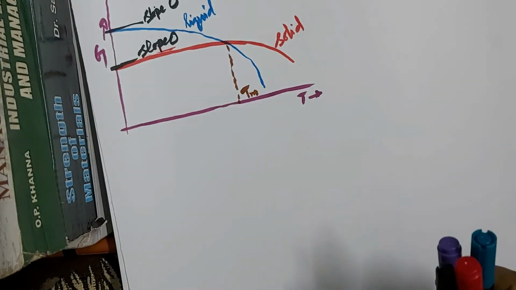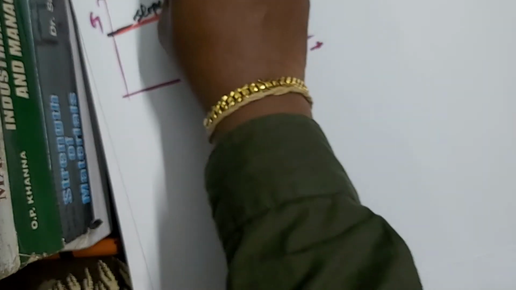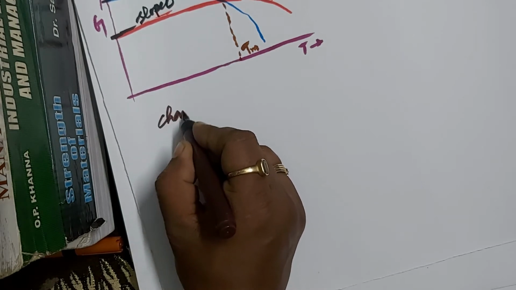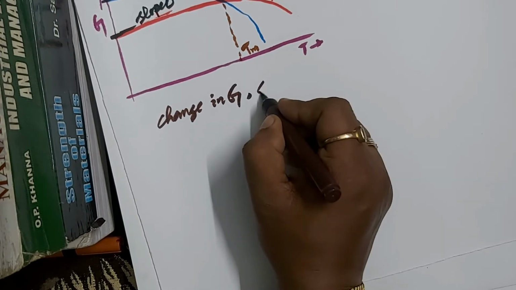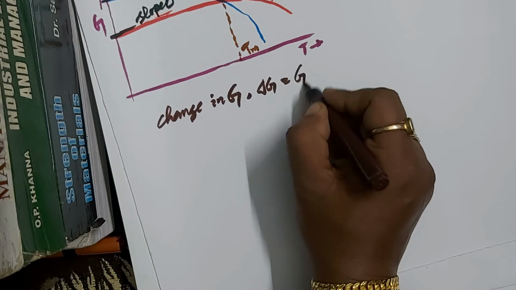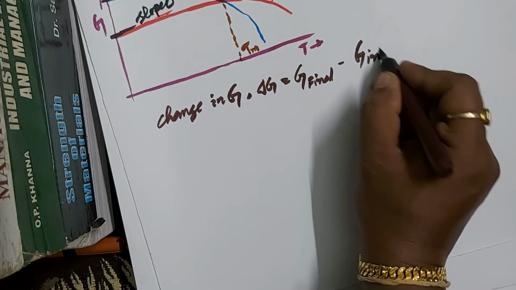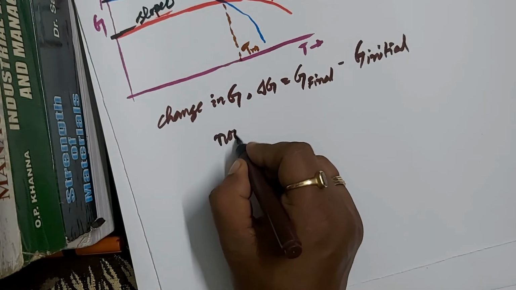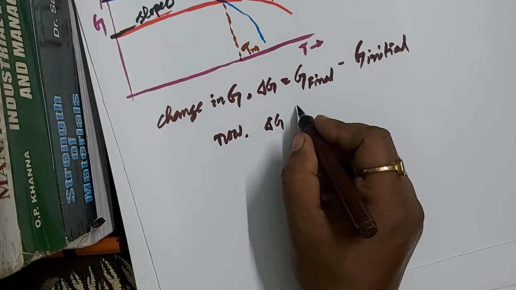So the change in Gibbs free energy: delta G is equal to G final minus G initial. Now for a spontaneous process, delta G will be less than 0.